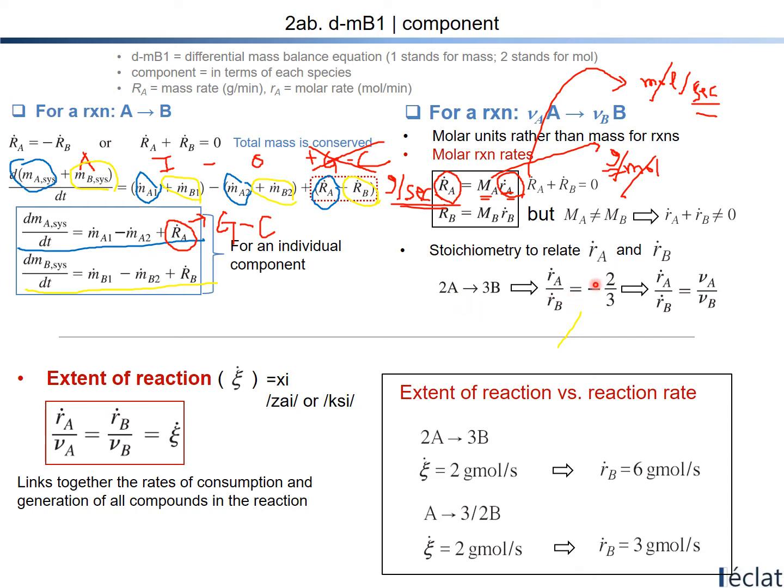So -2 over 3. By using the ratio of stoichiometric coefficients, you can correlate the reaction rates of each component.